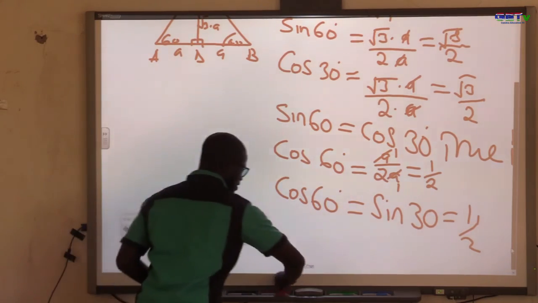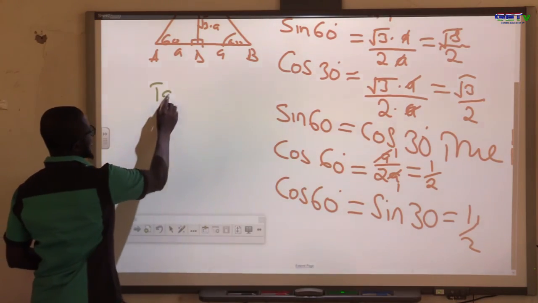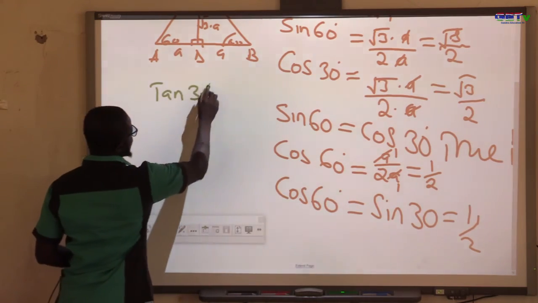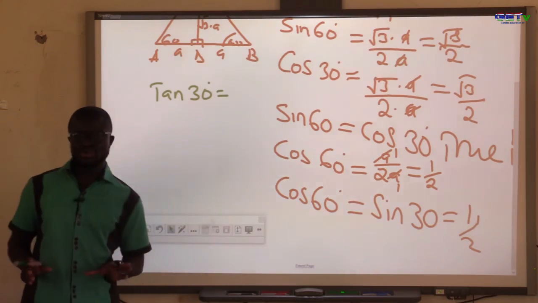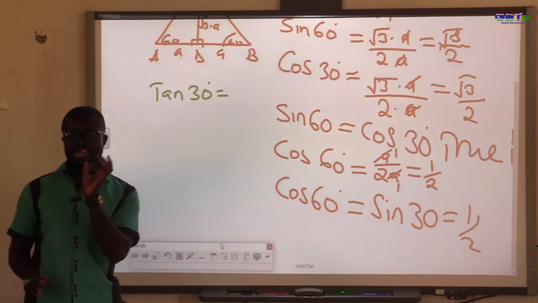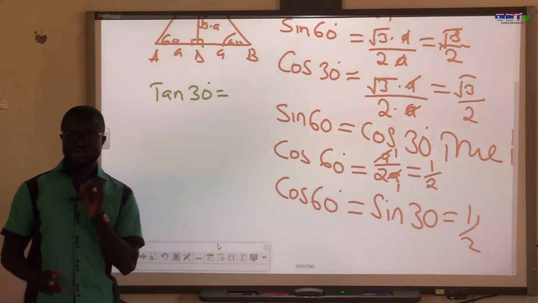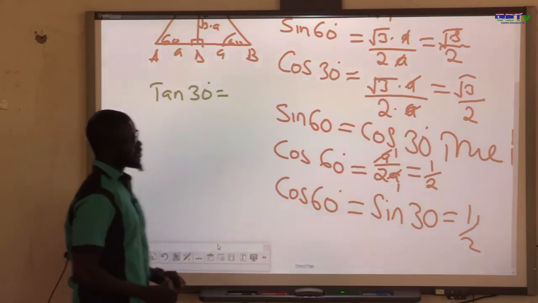Now, to move to the third trigonometric ratio, which is tan, I start with tan 30. Remember from the acronym TOA, T-O-A, where T is tan, O is the opposite, and A is the adjacent. And we said tan theta equals to opposite all over the adjacent.